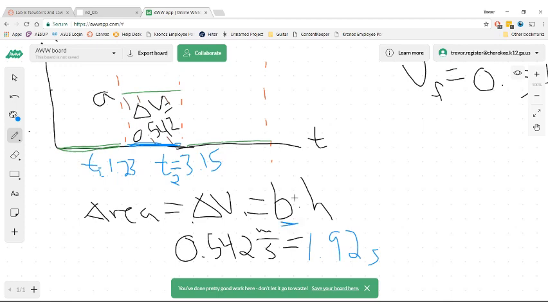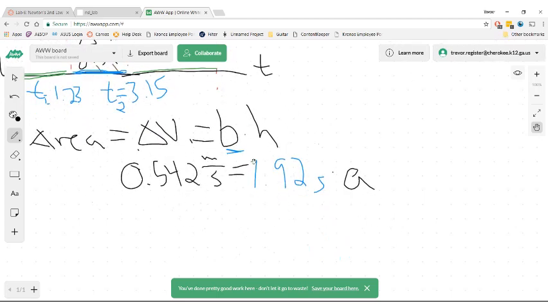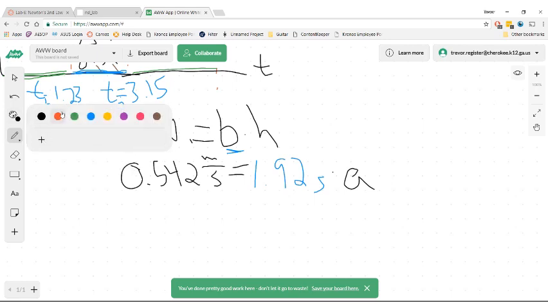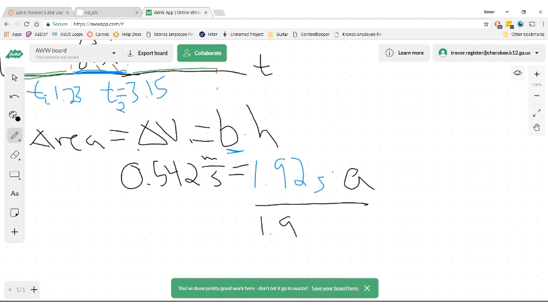My height is the acceleration. I don't know what that number is, so I'm going to leave it as my variable a. And like before, I've got a simple algebra problem. We've got 0.542 equals 1.92 times a. So to get rid of the 1.92 and get a by itself, I'm going to divide both sides by 1.92.